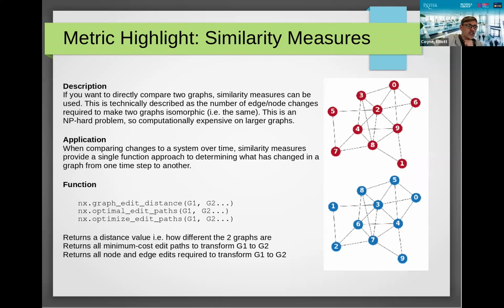Hopefully this has given you a whistle-stop tour of the types of analysis you are able to do when performing network analysis, and illustrated some more examples of why you would even want to do network analysis, because I know that was one of the questions last week in the chat. Hopefully you can now see some of the applicability.